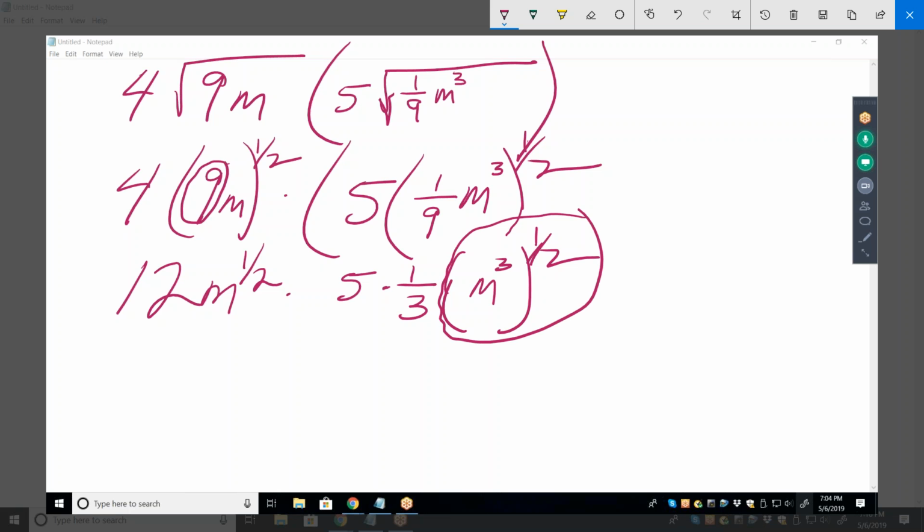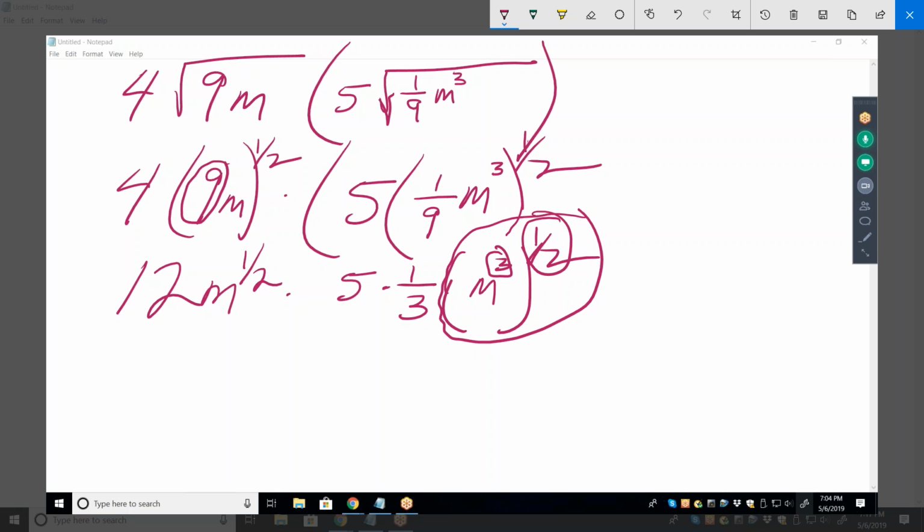Using the laws of exponents, 1/2 times m cubed, that comes out to m to the 3/2.